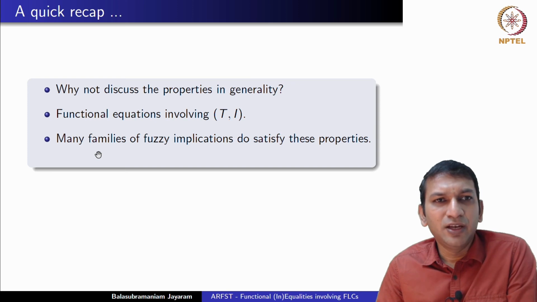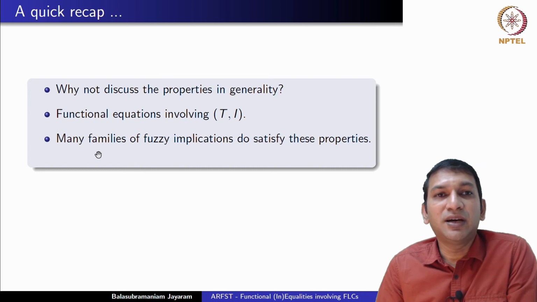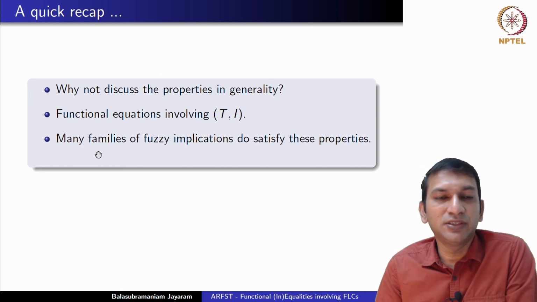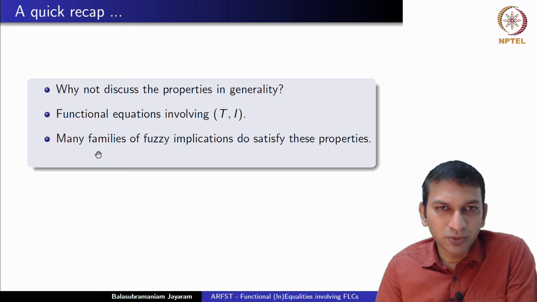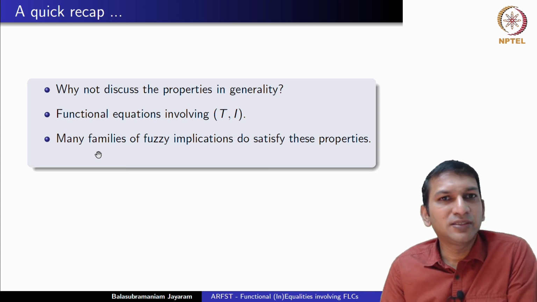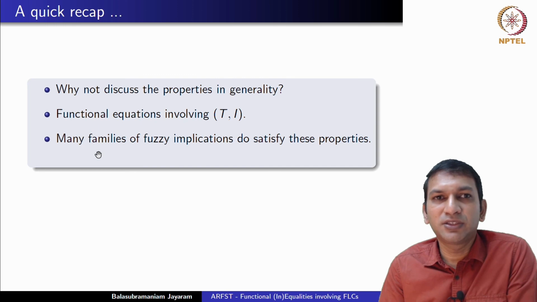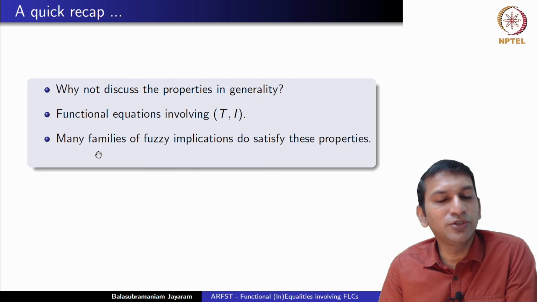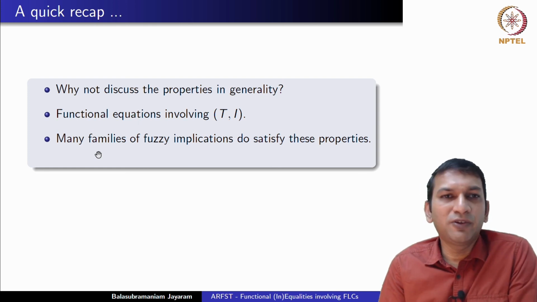And we have seen that not just the R implications obtained from left continuous T-norm, but there exist other families of fuzzy implications which also supply us with implications which satisfy some of these properties. So where you would like to use implications having those properties, it is not mandatory anymore to restrict ourselves to go only to the residual lattice structure or R implications obtained from left continuous T-norms.